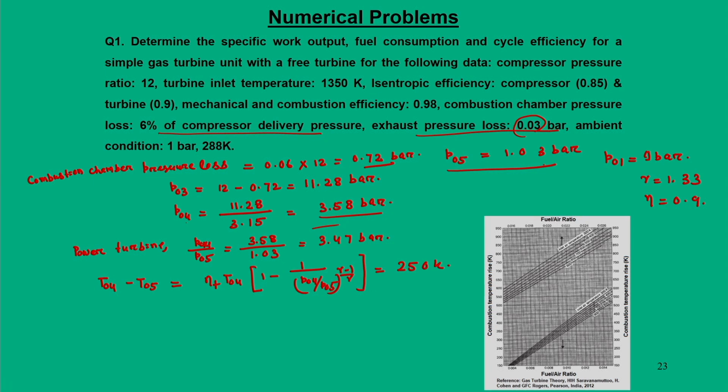So after having all these things, we need to calculate one by one. What is the specific work output? The specific work output WTP one can find out as Cpg into T04 minus T05, which is nothing but 287 kilojoule per kg.